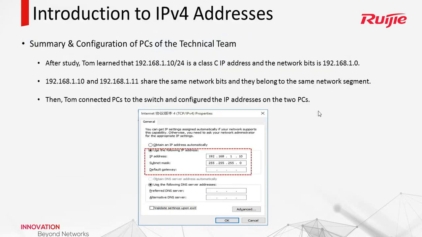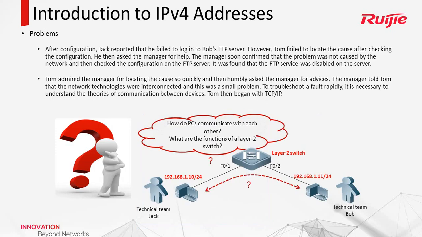After Tom finished this task, Tom tried to use FTP to reach Bob's IP address, but he failed. So why?